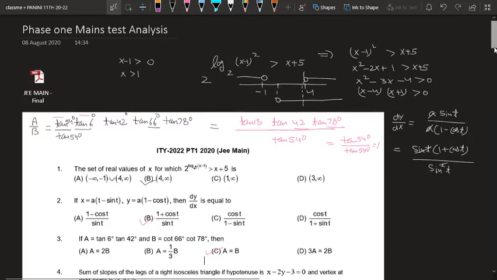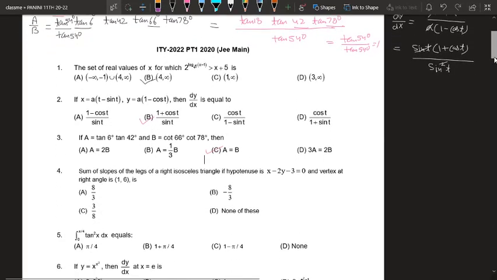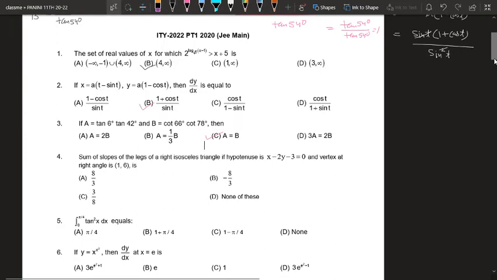Now next is problem number 4. Sum of the slopes of the legs of a right angle isosceles triangle if the hypotenuse is this, and the vertex of right angle is 1 by 6. Say this is a right angle triangle, and the equation of the hypotenuse is x minus 2y minus 3 equals 0.